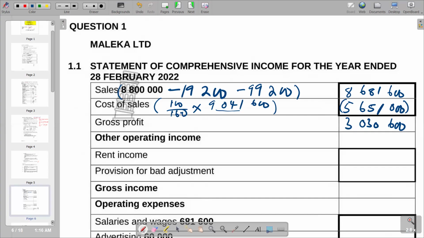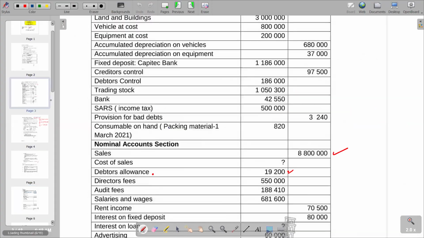Then we can go to the next part, which is we are going to add that. So under other operating income, we are going to start with the figure for rent income, whereby if you refer back to the list of balances, you'd see that our rent income is 70,500.